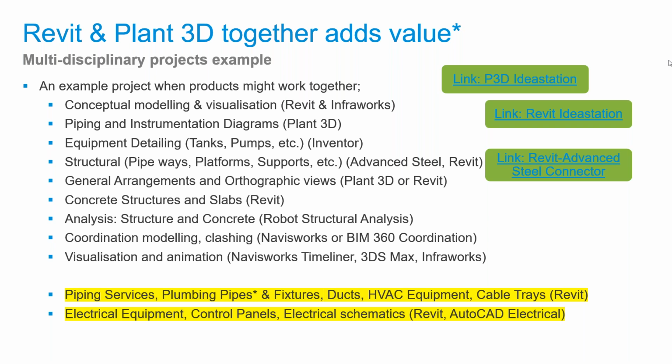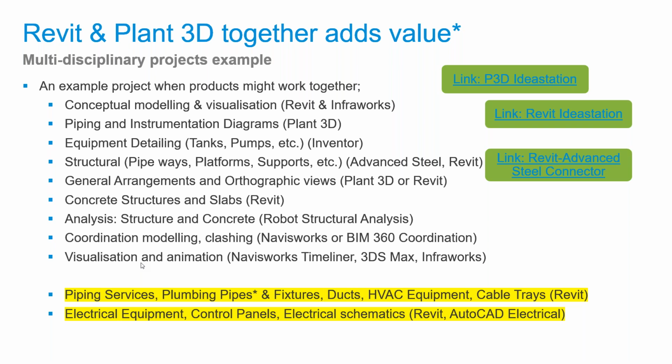But then the equipment themselves within the plant project remains Plant 3D as the solution. For the structure, we can very efficiently use Revit in coordination with Advanced Steel for the pipe racks, platform supports, some specific structure. So you can use those products.